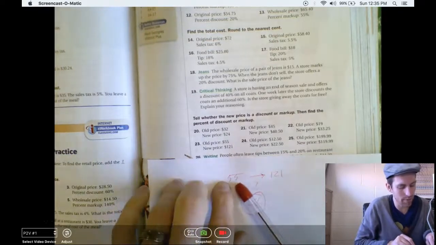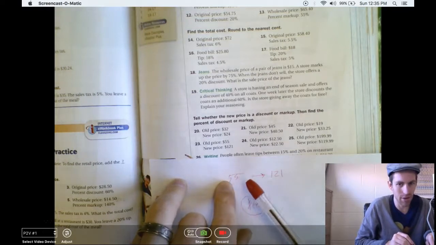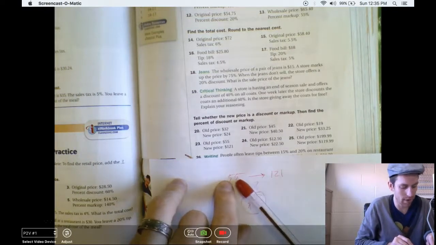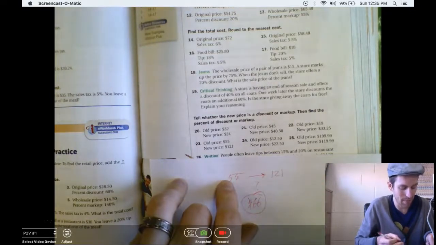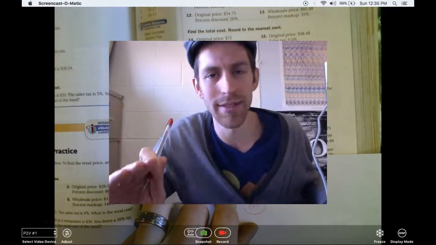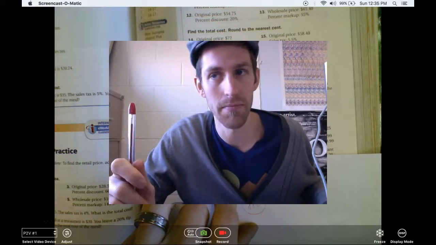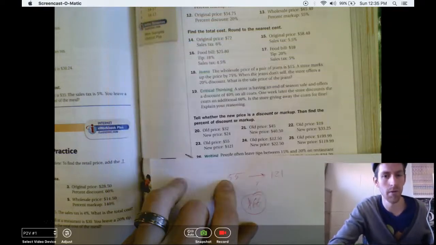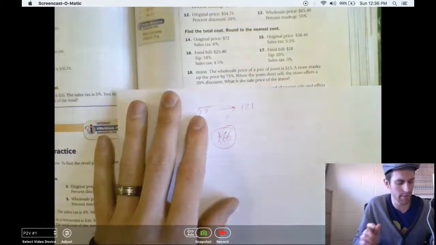Right? Because we started with $55. We added a percentage on top, a percentage of 55, which is $66. We added that on top. So think about it this way. 66 is what percent of 55?